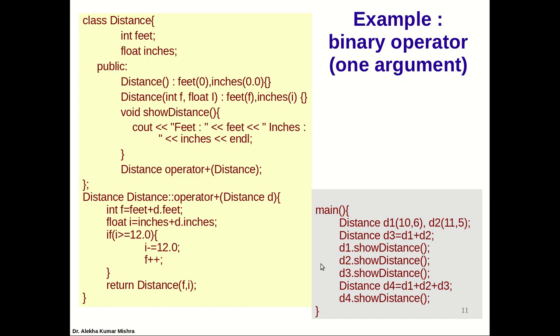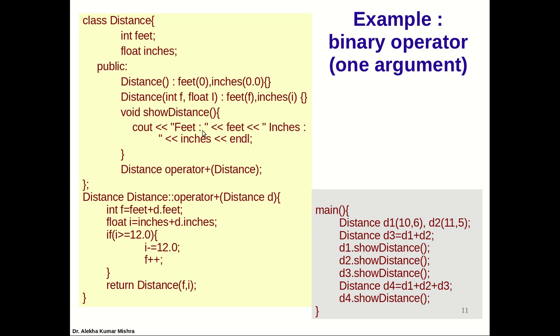So the first example is overloading plus for a distance class to add two distances, by one argument, using a member operator function. We already know the distance class has the members feet and inches, and two constructors: the default constructor and a parameterized constructor with initializations.